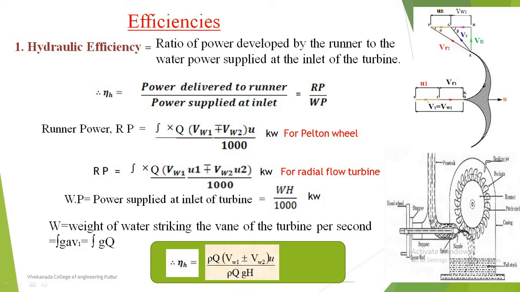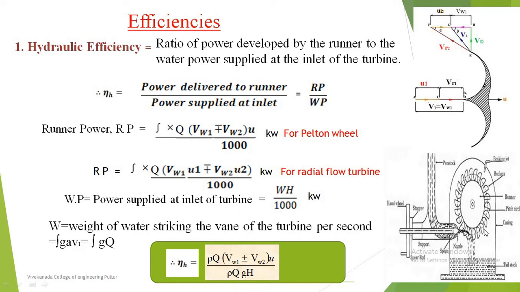What is the force applied by the jet? That is water power. Water power is equal to WH by 1000, which is rho g Q H divided by 1000, in kilowatts.